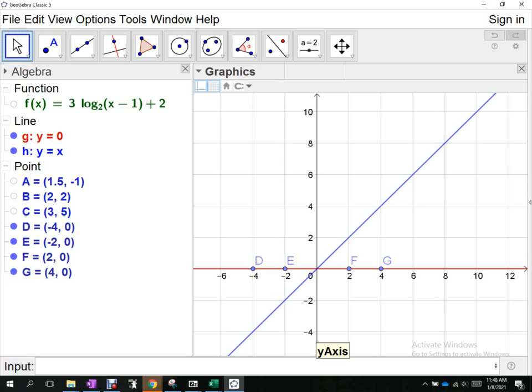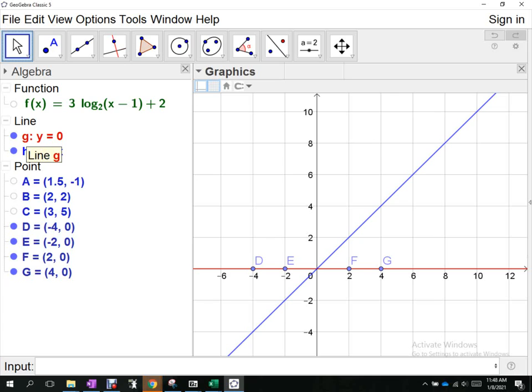It goes to 0, negative 4, right? Does that make sense? Where does negative 2 go? 0, negative 2, right? Where does 2, 0 go? 0, 2. Where does 4, 0 go? 0, 4. Where's that red line going? It's going to become the y-axis.